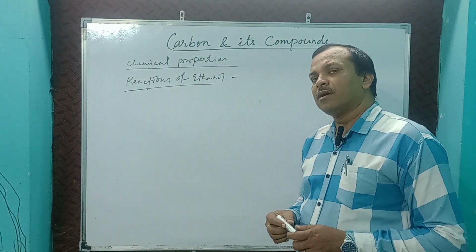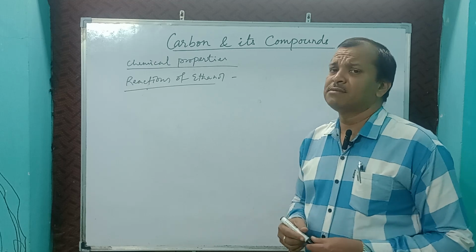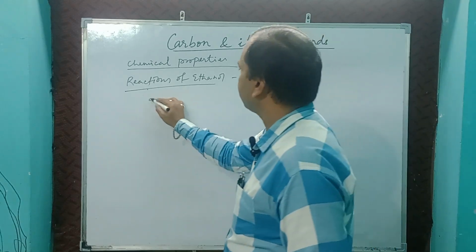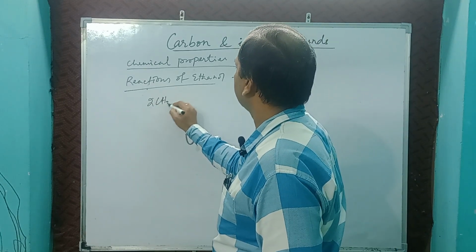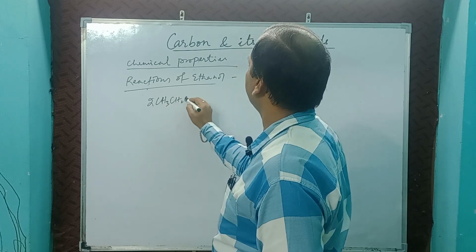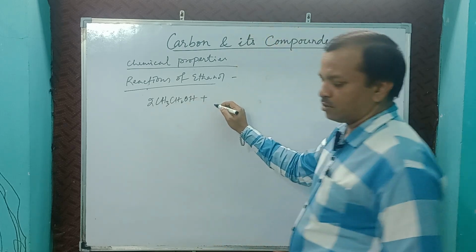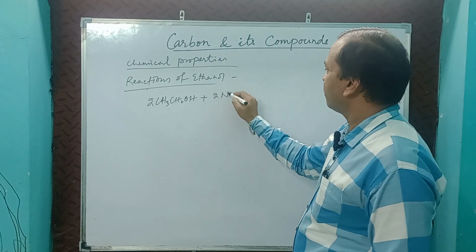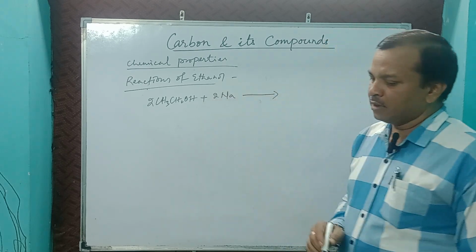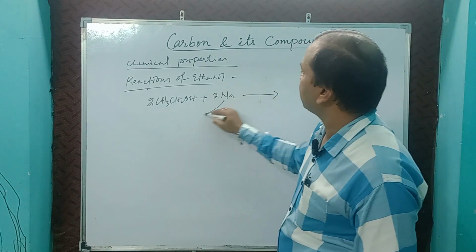First, how it reacts with metals like sodium: 2CH3CH2OH plus 2Na. What will happen here?